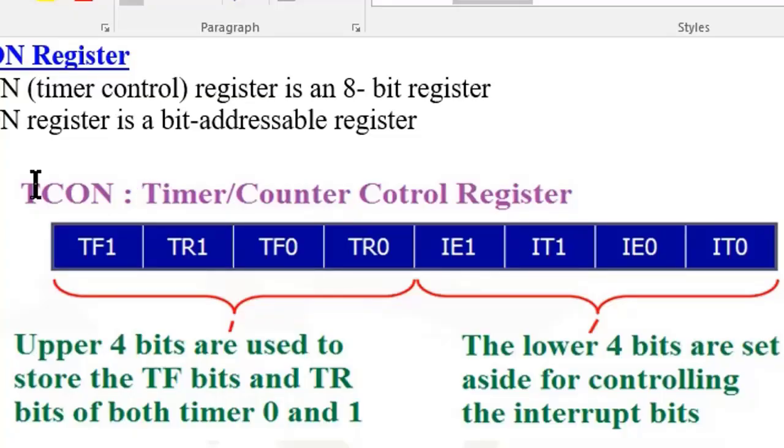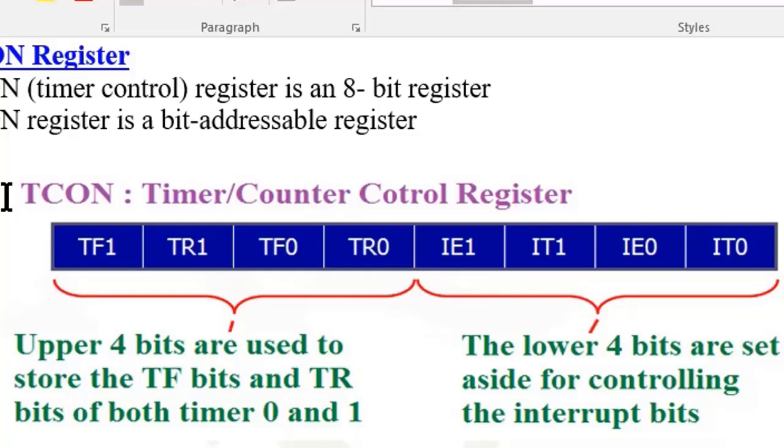What is the TCON register? TCON is the timer counter control register, means whenever the timer is used as a timer or as a counter, the operation of the timer or counter can be controlled by using this register.